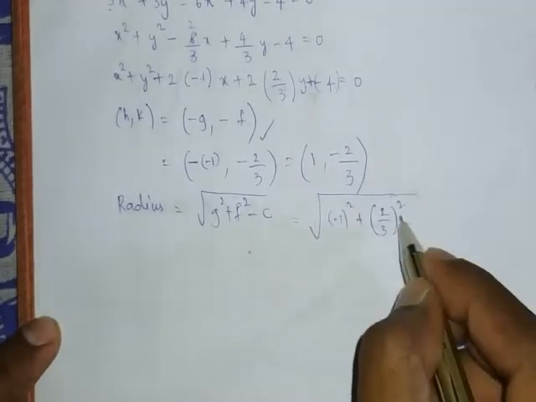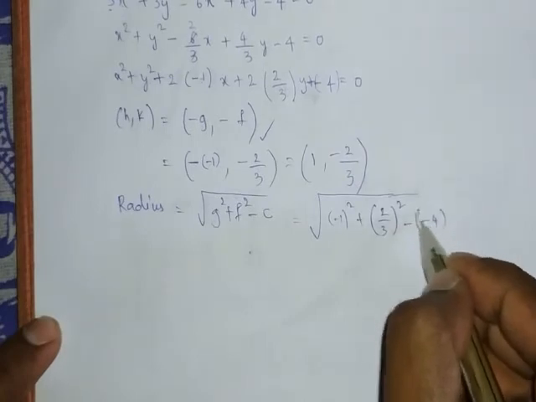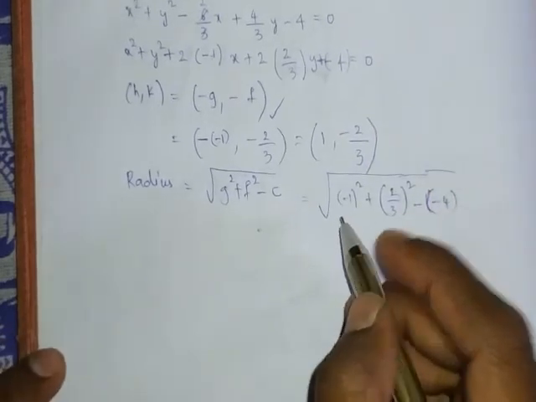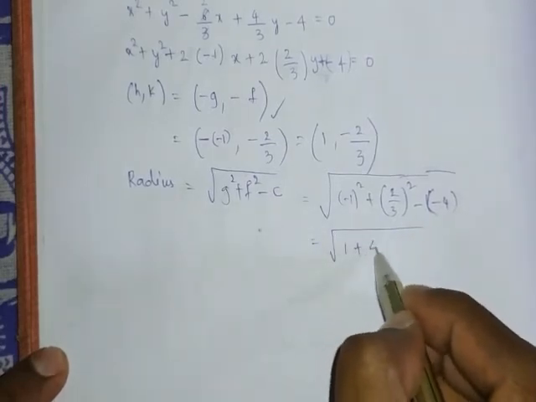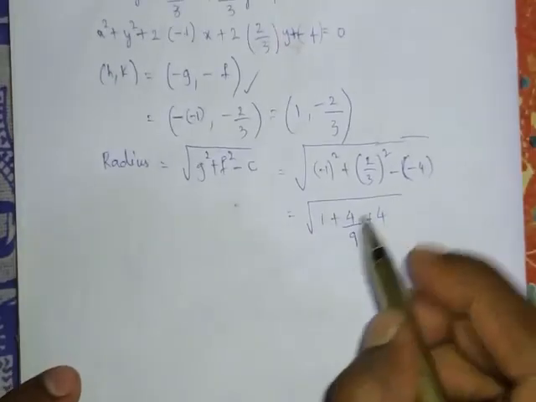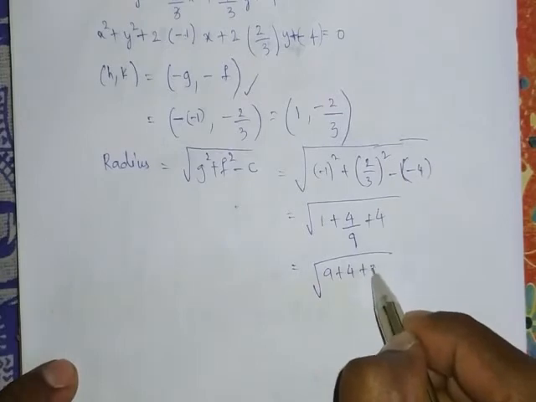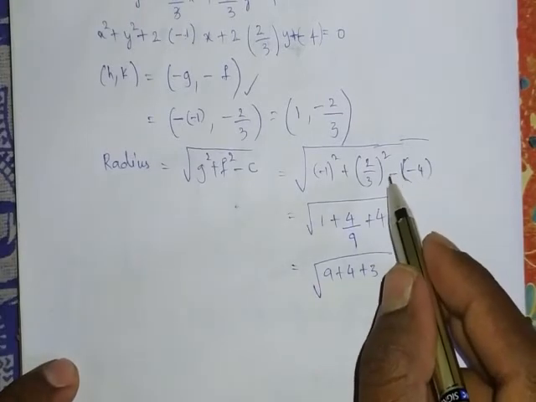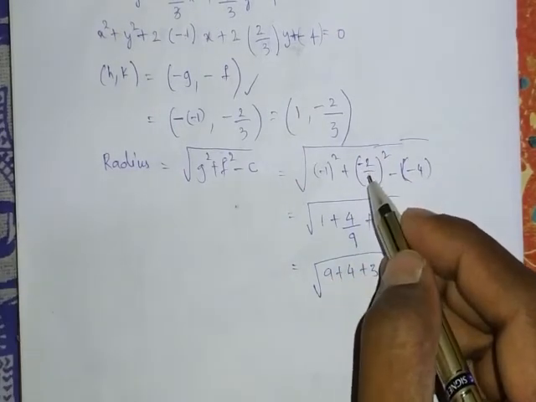Here this minus I kept here, and the value of c is minus 4, minus of minus 4, which is nothing but under root of minus 1 whole square 1 plus 4 by 9 plus 4.